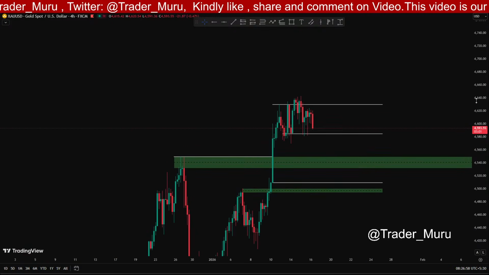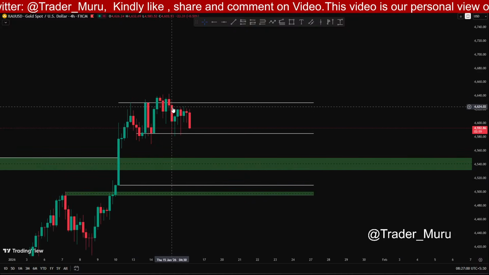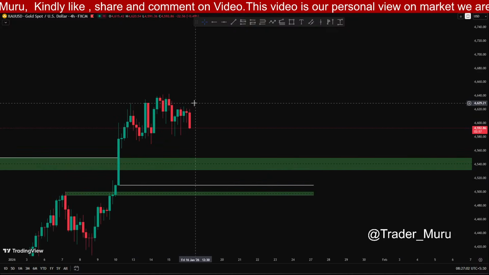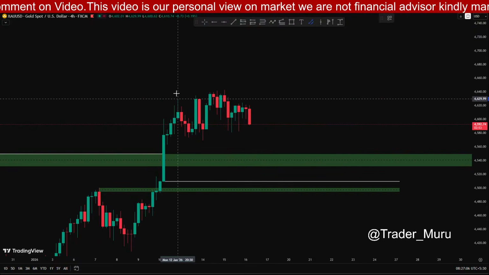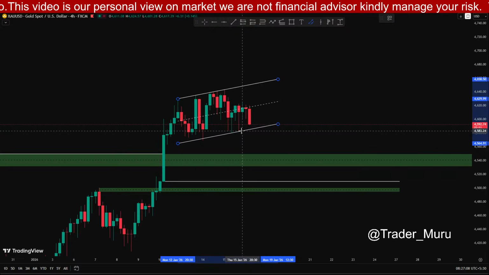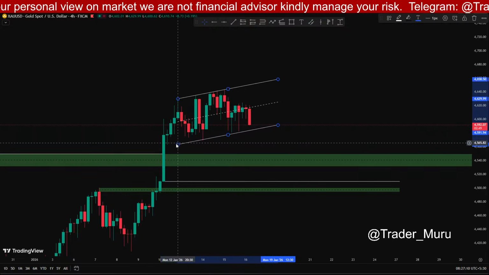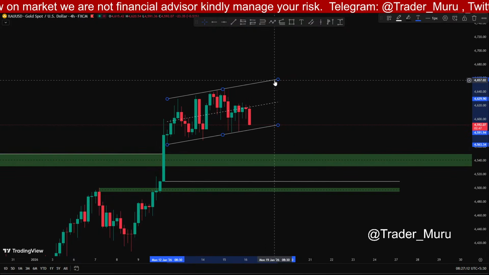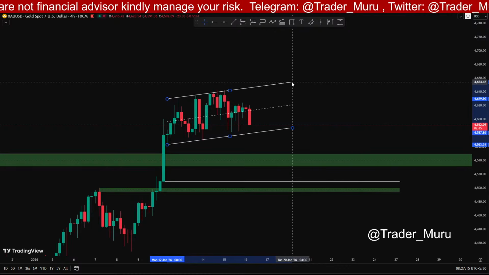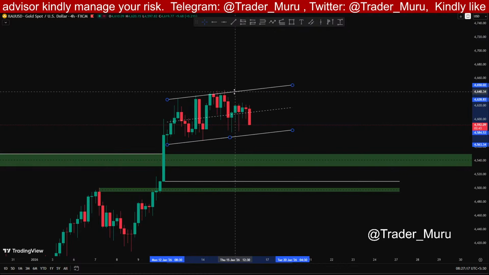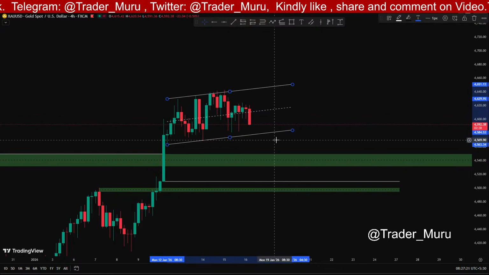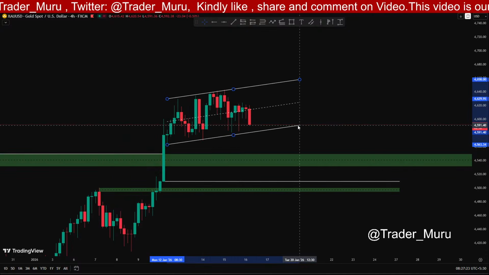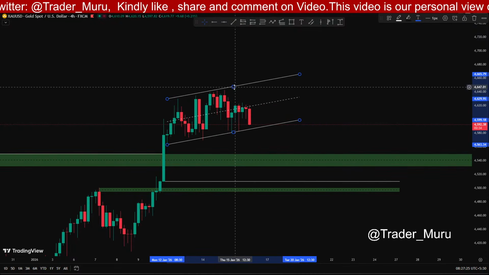In 4-hour we have a complete range here, and price seems not moving, so we will just follow this channel. This channel is running from this bottom to this top, and this is what we have: a range high, a range low, and same thing price is doing here.